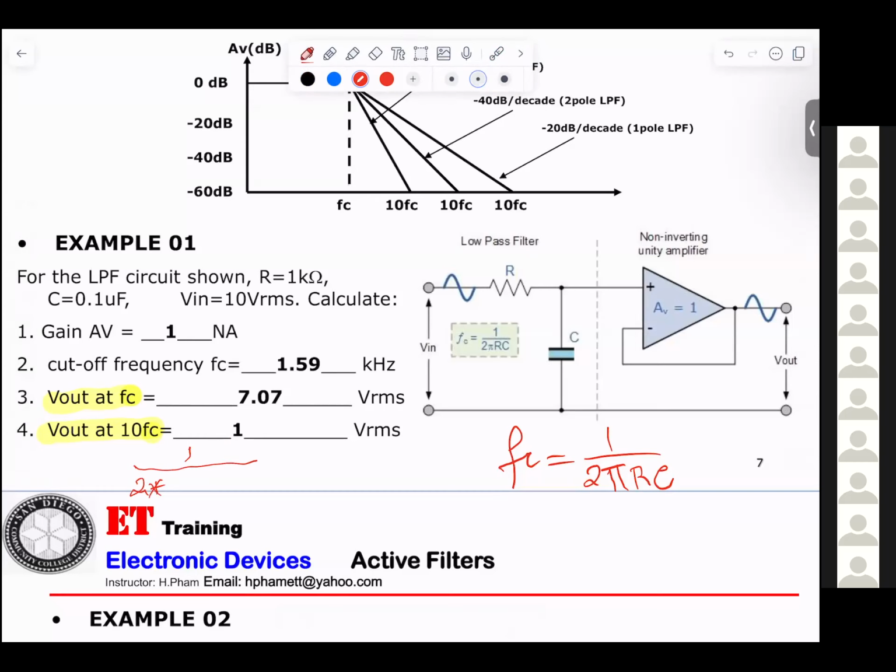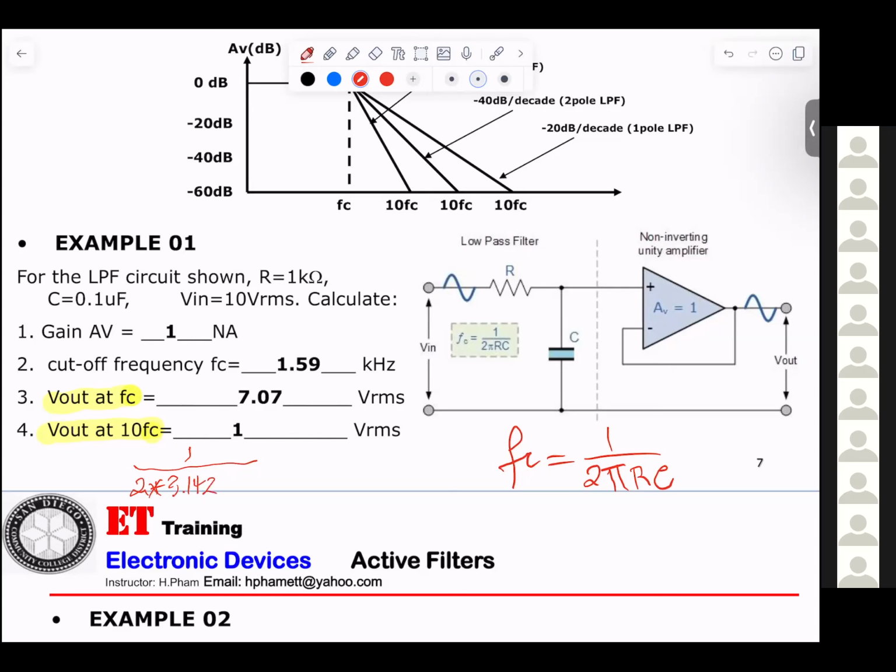Pi equals what? 3.14. That's on the calculator as well.